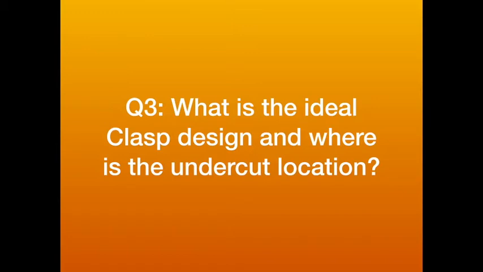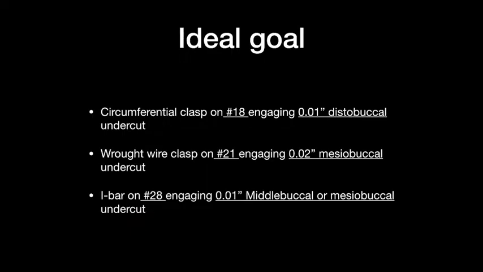You already know from the KISS principle manual that you need 3 direct retainers, and they also provide you some idea about the clasps. If you really follow that at the beginning, it looks like you want a circumferential clasp on 18, a roach clasp on 21, and an I-bar on 28, following the picture you are provided.